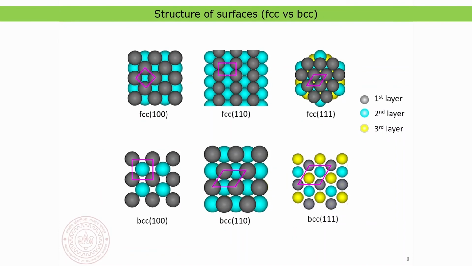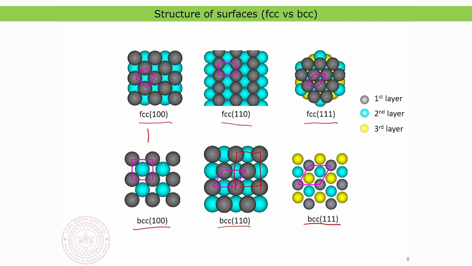Now, if you would also make a summary of all that we have already seen, so the FCC 100, FCC 110, FCC 111, and also the BCC 100, BCC 110, and BCC 111. In general, I would also mark here the rectangular unit cell, so that the correlation is there.